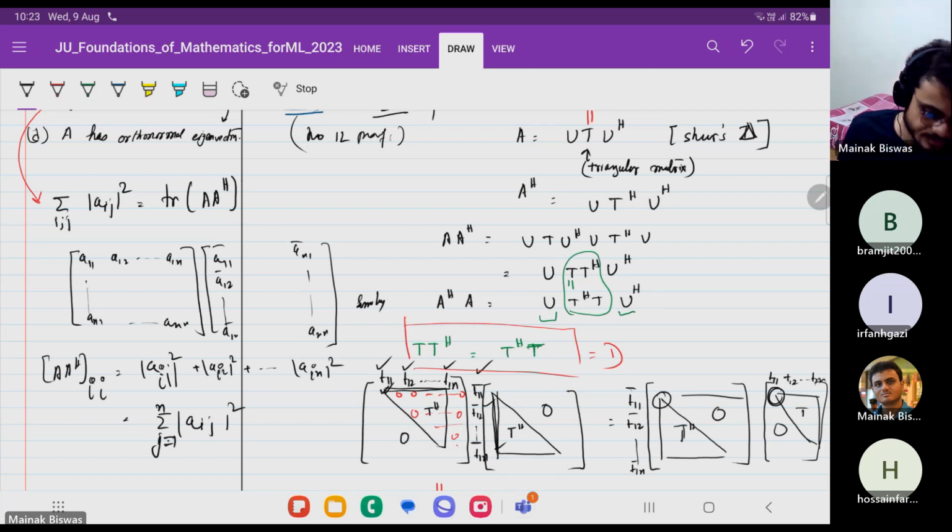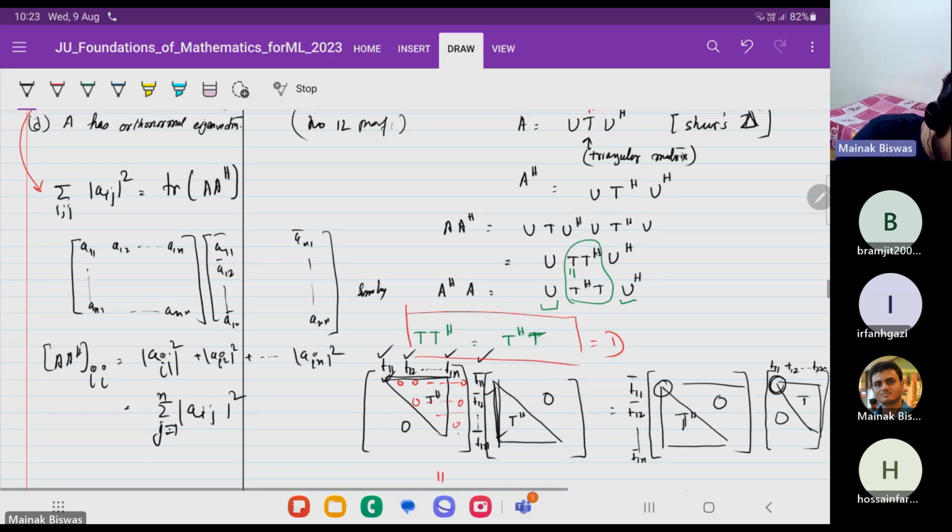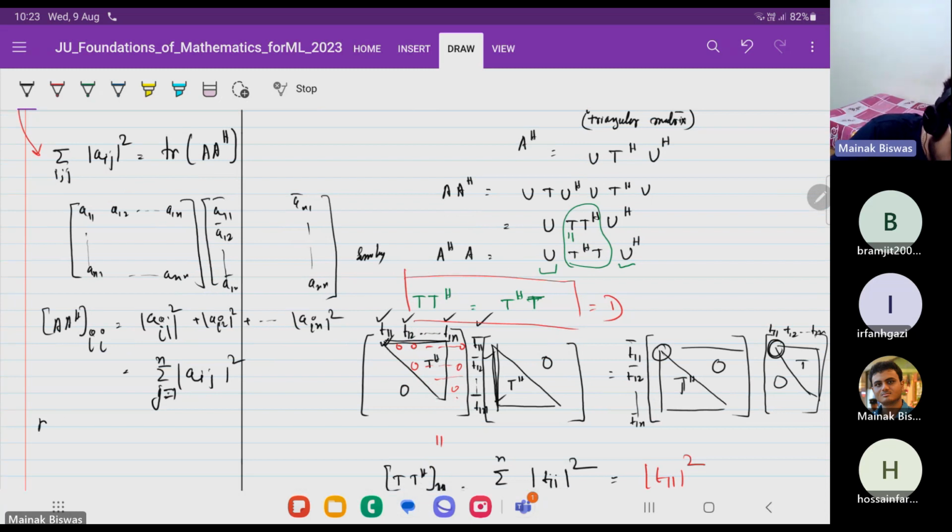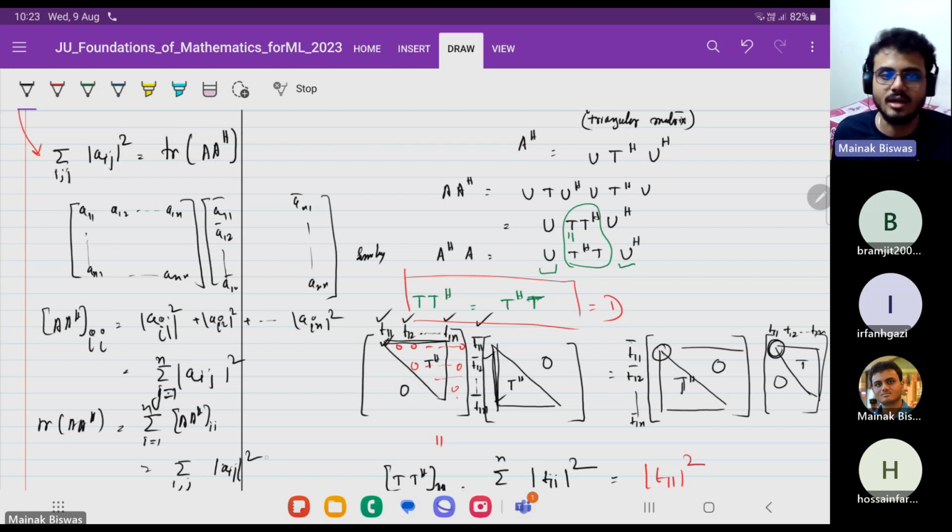Agreed? So if I want to take the trace of this, what does it mean? Trace of A A Hermitian would mean the sum of (A A Hermitian)ii for all i equal to 1 to n, which is nothing but the sum of Aij square. Correct? Any doubt?